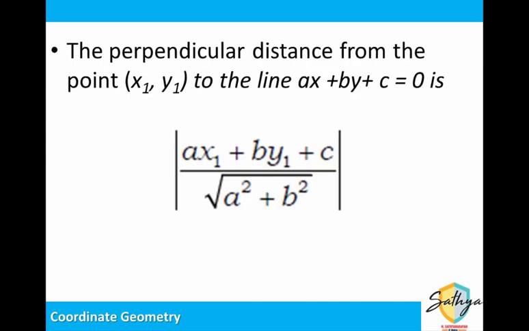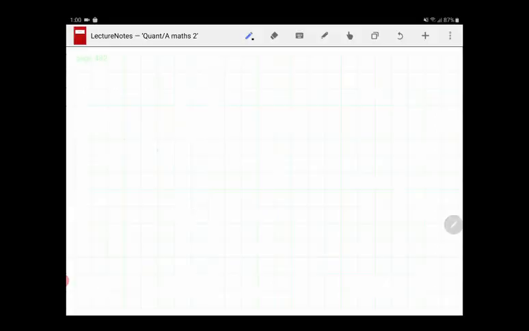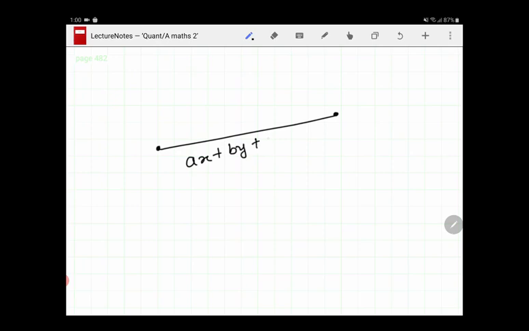Now, the perpendicular distance from a point (x1, y1) to the line ax + by + c = 0 is given by this formula: |ax1 + by1 + c| divided by the root of a square plus b square. So supposing we are given a line, the equation of this line is ax + by + c = 0. Supposing this is a point (x1, y1).